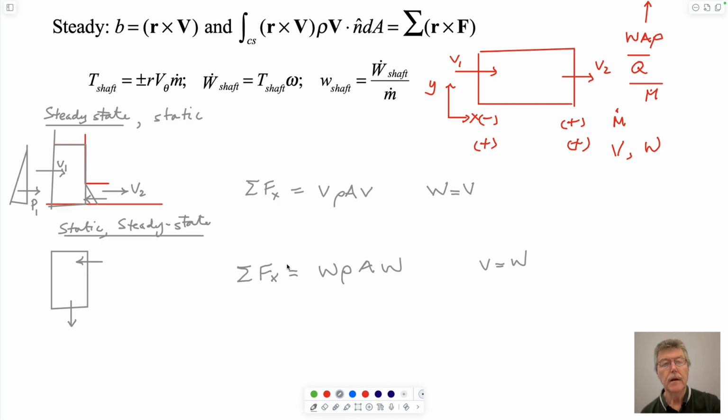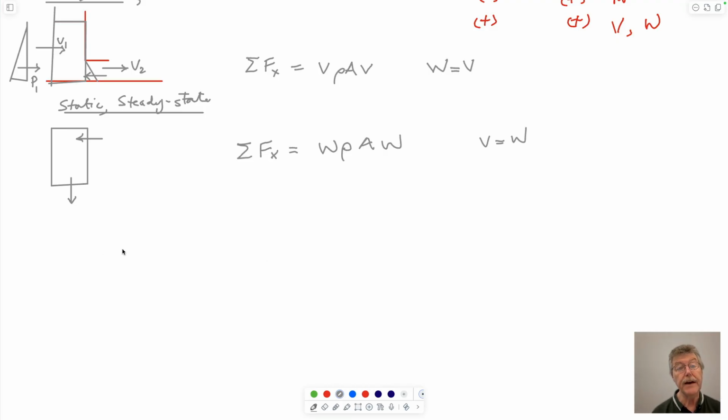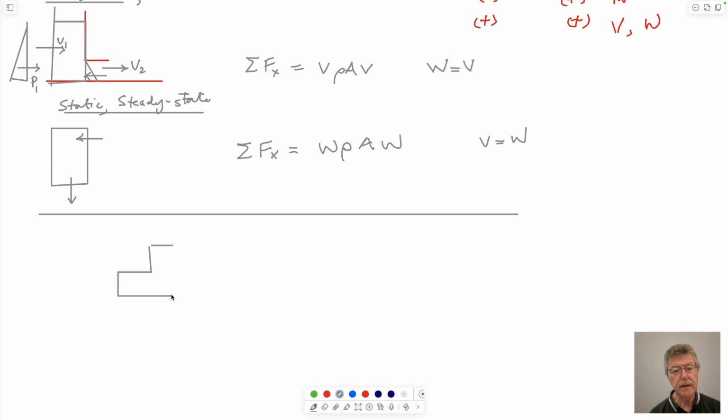Okay. We did an example with the vane. So that's not static anymore. But again, it is steady state, right?